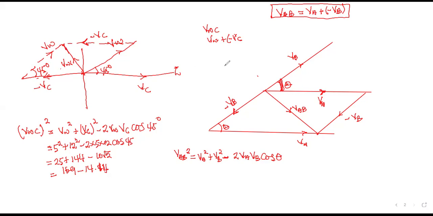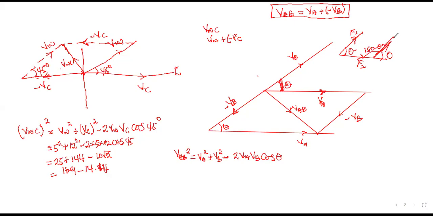In the cosine rule, if you have two forces F1 and F2, the angle between them is theta, and the angle in the triangle will be 180 minus theta.